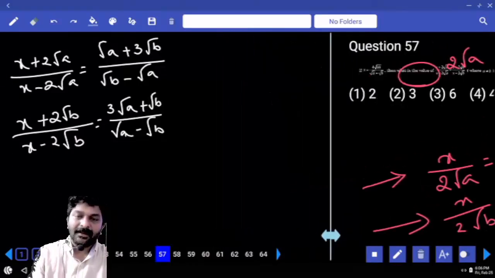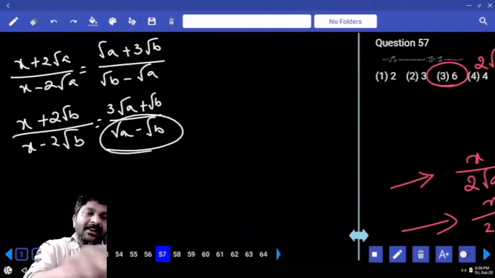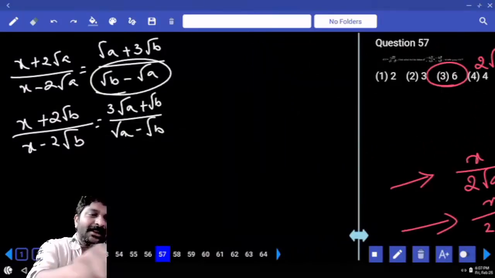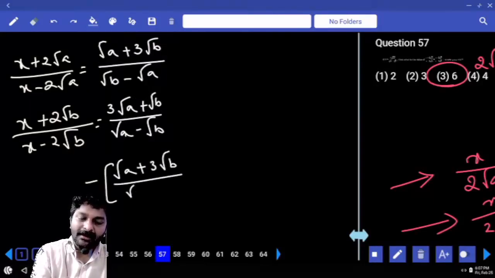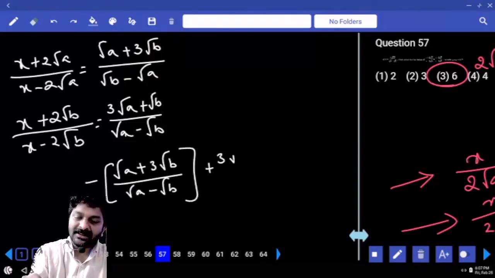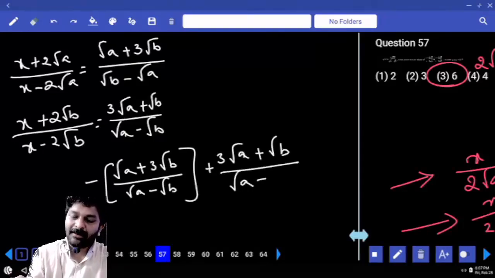So to make the denominators equal, let me take minus common here. Then it is minus root a plus 3 root b by root a minus root b, plus 3 root a plus root b by root a minus root b.